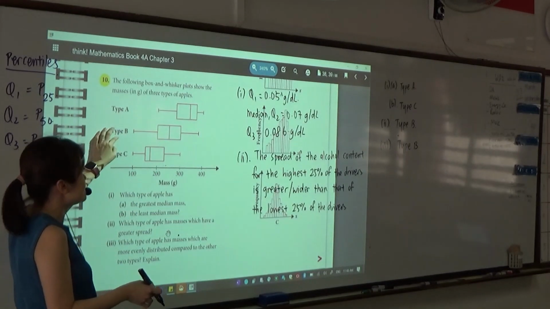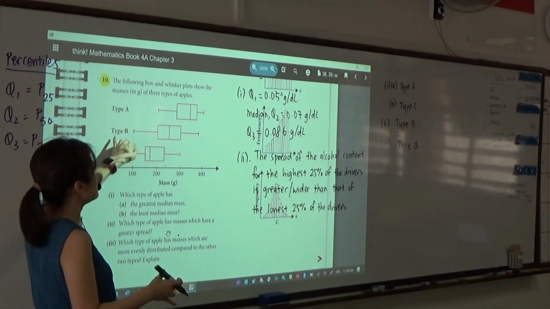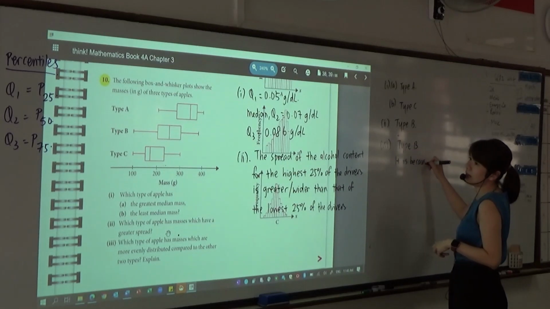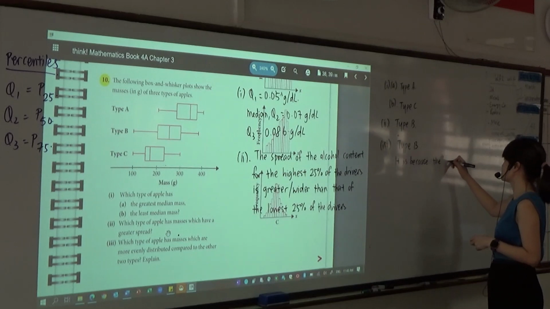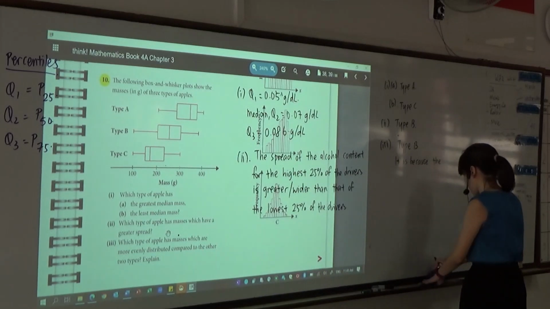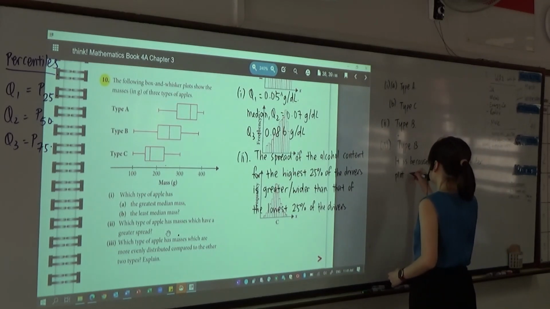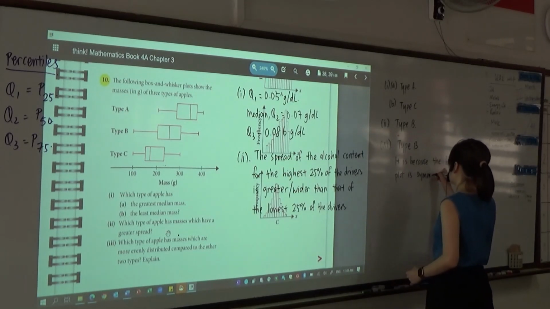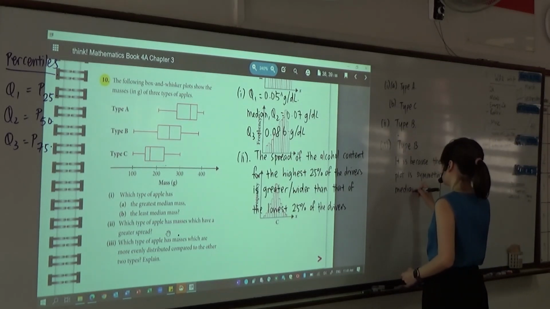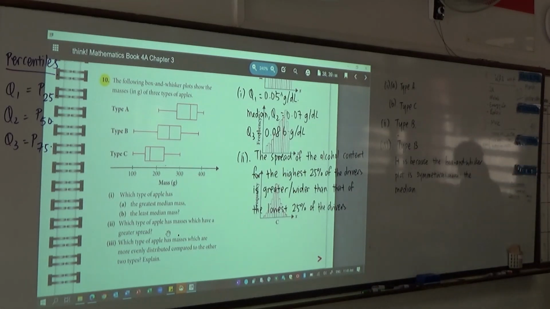So we conclude that type B is the answer because just by looking at the spaces, the symmetry of the diagram, we see that it is more evenly distributed as compared to type A and C. So we explain by saying, in the box plot, we just say that it's symmetrical about the median.